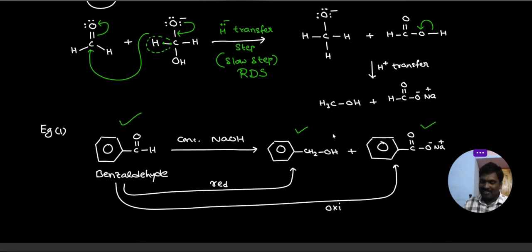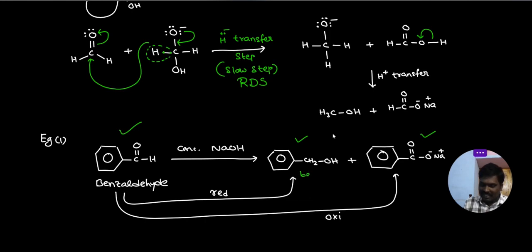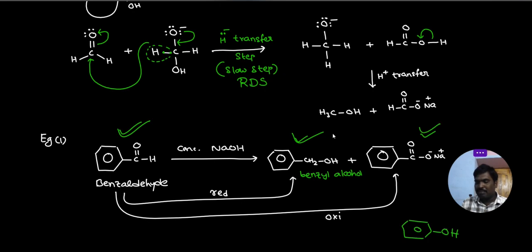Why? Sometimes instead of this benzyl alcohol, it is not phenol, it is benzyl alcohol. Sometimes in the options, phenol is provided. That's why you can just count the carbons here. 7 carbons: 7 carbon containing alcohol, 7 carbon containing carboxylate anion.